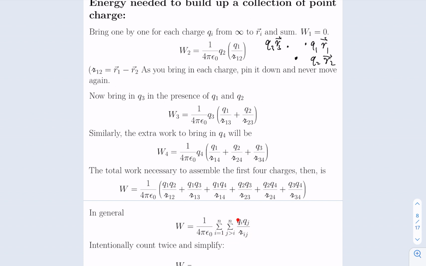So that is what the second sum index is claiming, and then we need to add one by one all of the charges.